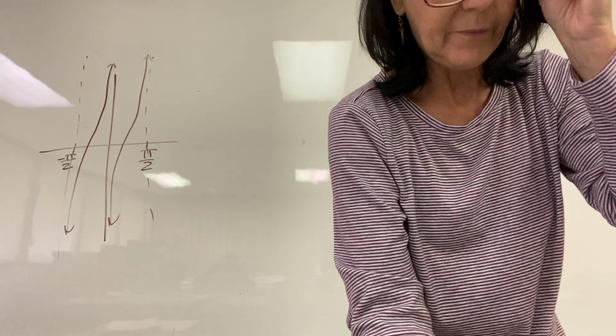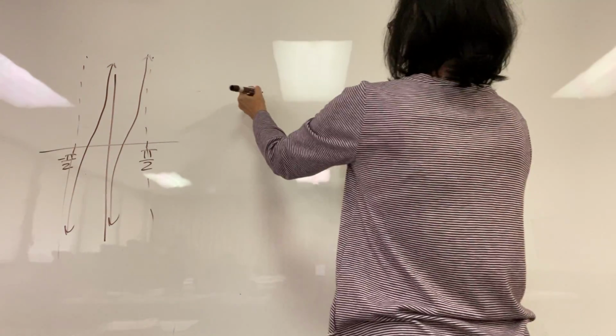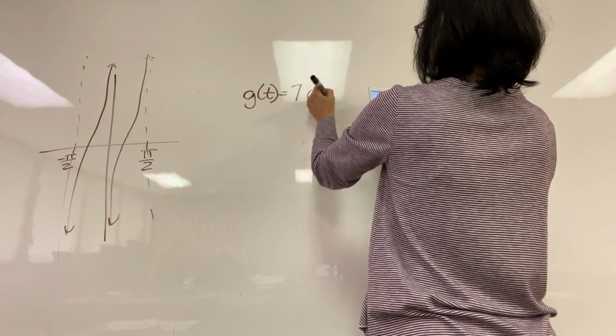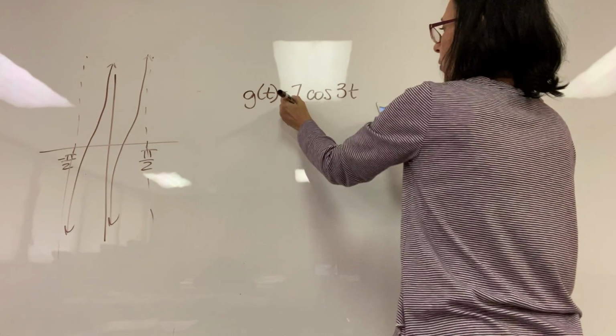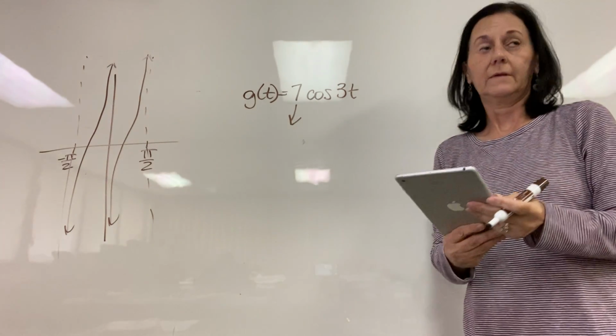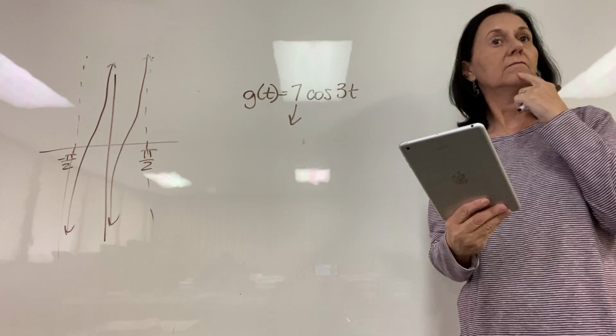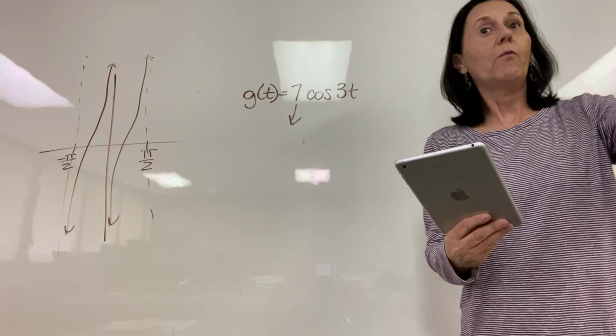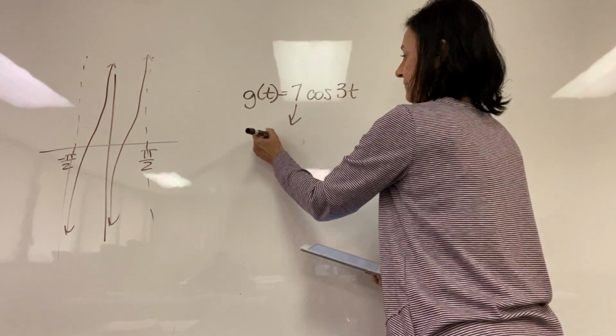All right, so look at example 3. g of t equals 7 cosine 3t. What does that 7 tell me? Amplitude. And what's the amplitude? Yes.